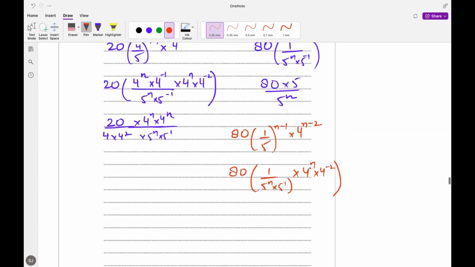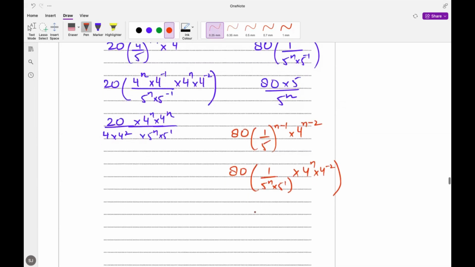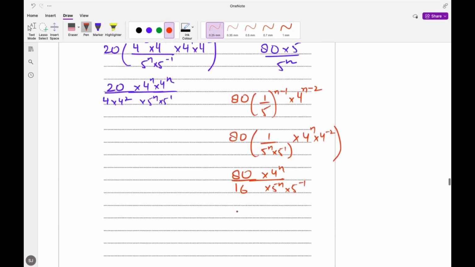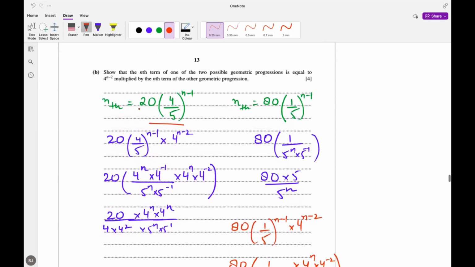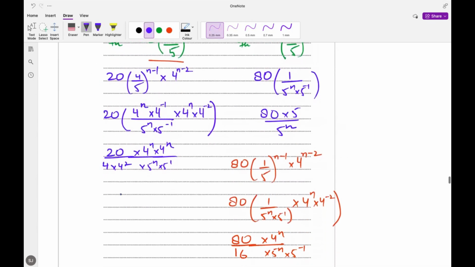Keeping 4 to the power n in the numerator, we bring 4 to the power minus 2 into the denominator. This will become 80 upon 16. And we can leave 4 to the power n and 5 to the power n into 5 to the power minus 1 as it is. As 80 upon 16 is 5, this will be 5 into 4 to the power n upon 5 to the power n into 5 to the power minus 1.